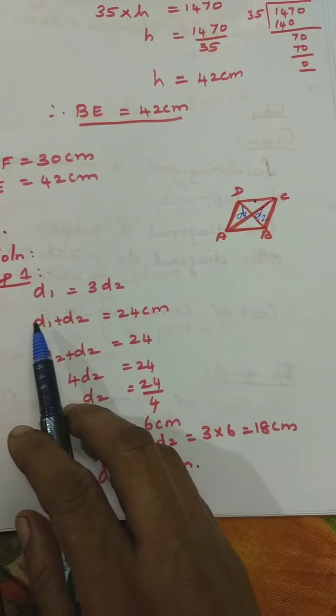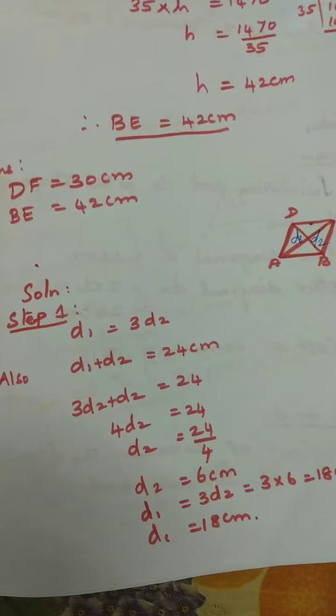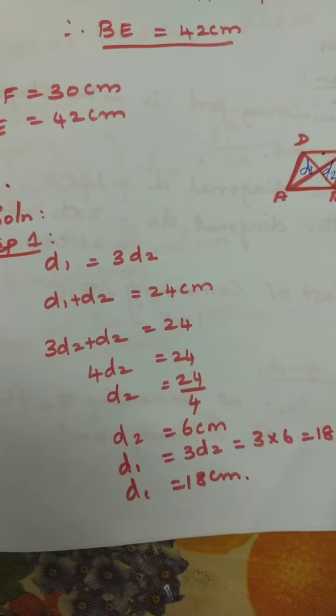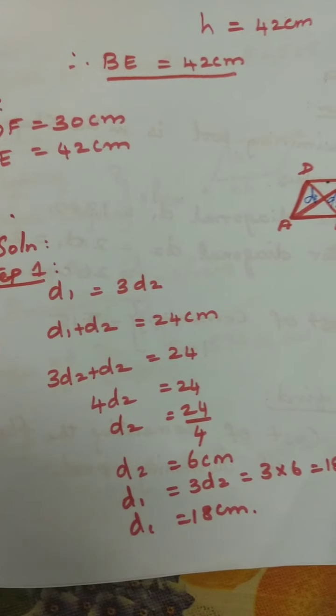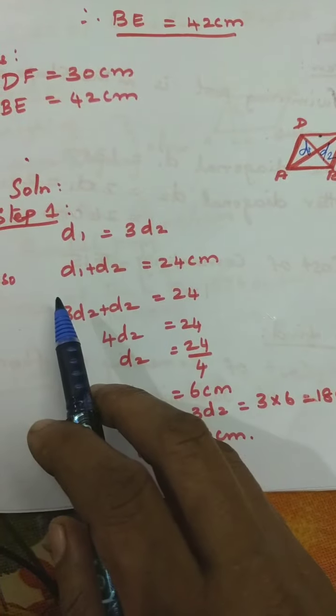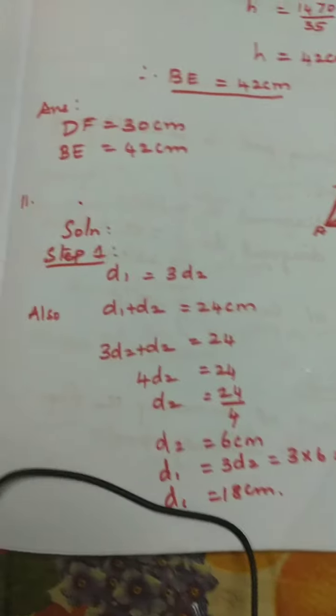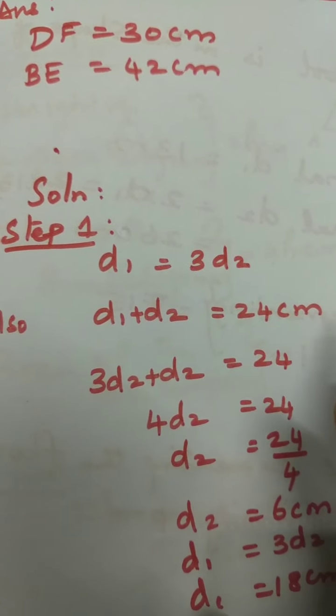First, they said that D1 is equal to 3 times D2. One of the diagonals of the rhombus is thrice the other, so D1 is 3D2. Another hint they have given: D1 plus D2 is equal to 24 centimeter.